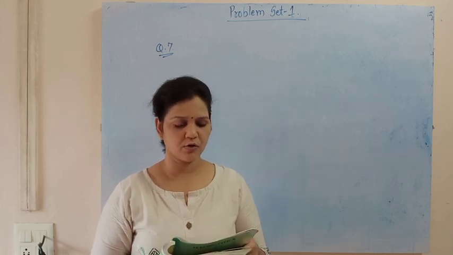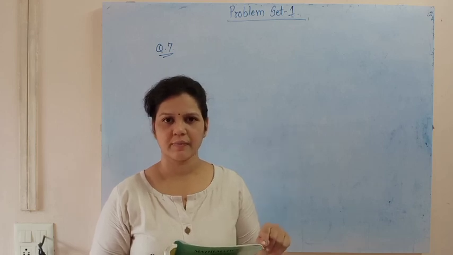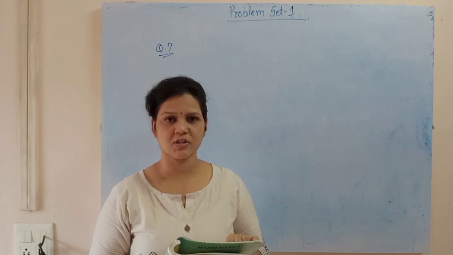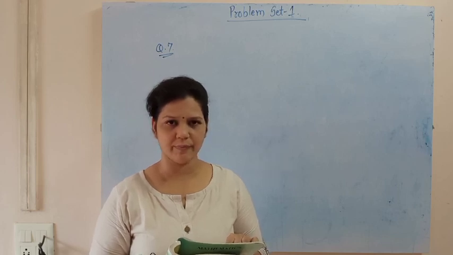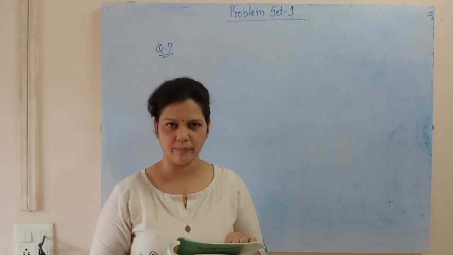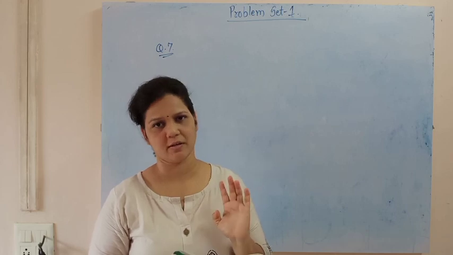If a quadrilateral is a rhombus, then it is a square. See, in the initial part it is given that it is a rhombus. So if a quadrilateral is a rhombus, then the quadrilateral is a square.